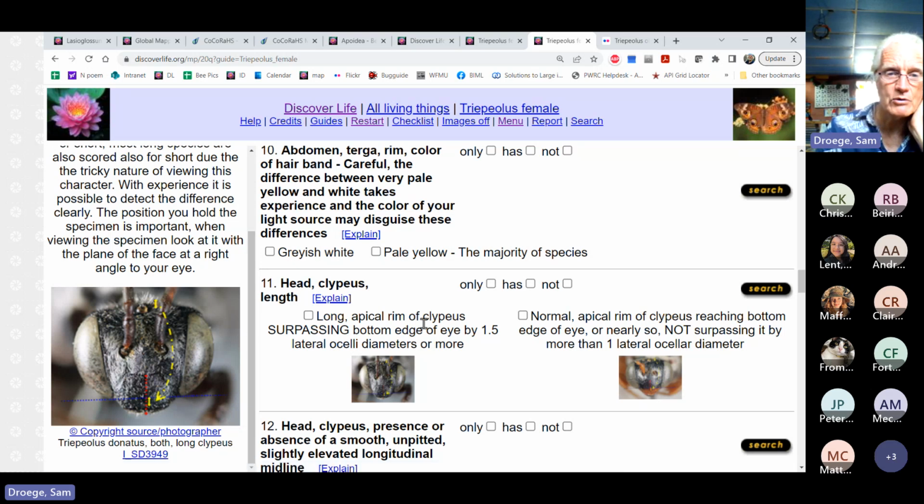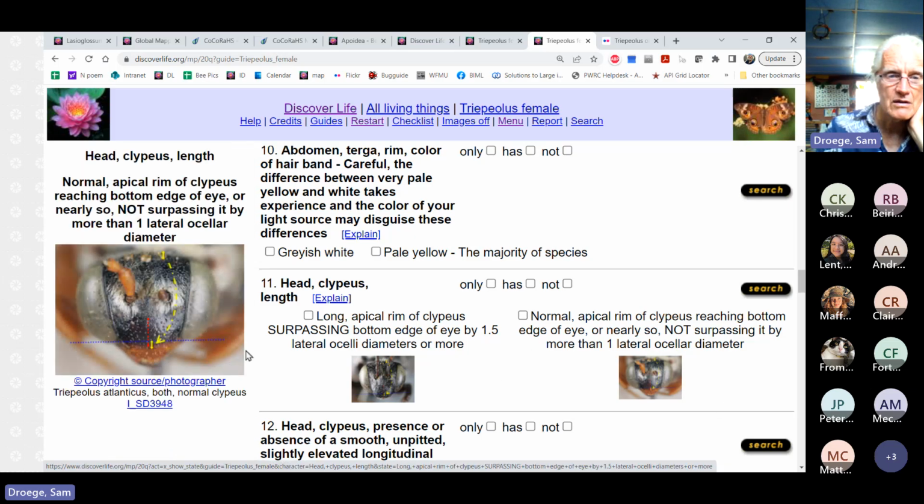Here it says apical rim of Clippius surpassing the bottom edge of the eye by 1.5 lateral ocelli diameter. So again, we're using the ocelli to measure that. And we have something that is more the normal case, where it's a lot less, not surpassing by more than one lateral ocelli. You can see here. So that's a pretty straightforward measurement. I frankly don't use that one very much.